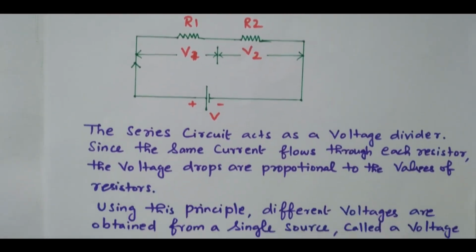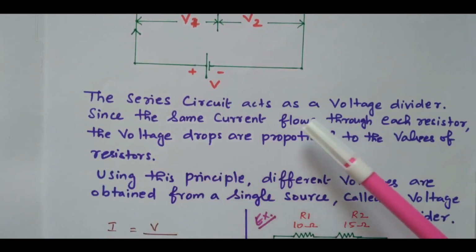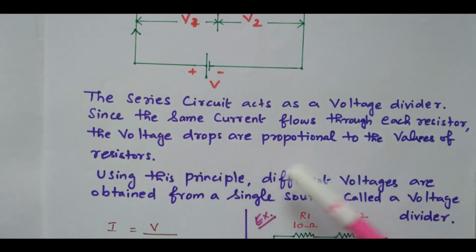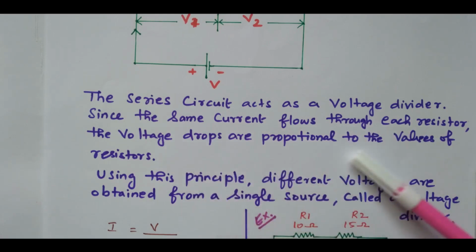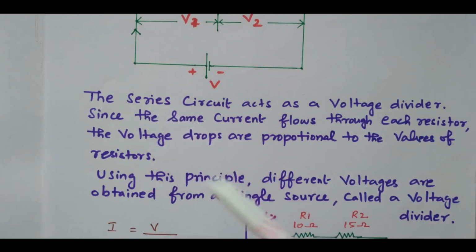Now we'll see the description. A series circuit acts as a voltage divider. Since the same current is flowing through each resistor, the voltage drops are proportional to the value of the resistor. The current is the same, but the voltage drop depends upon the value of the resistor, so it is termed a voltage divider.